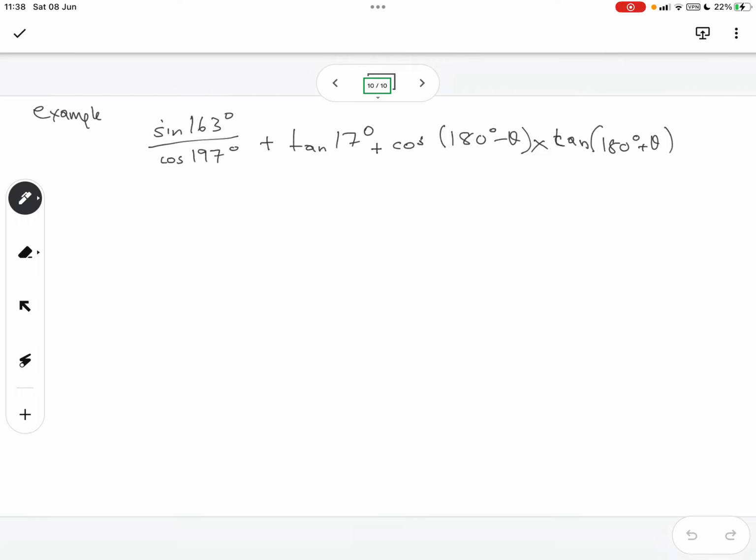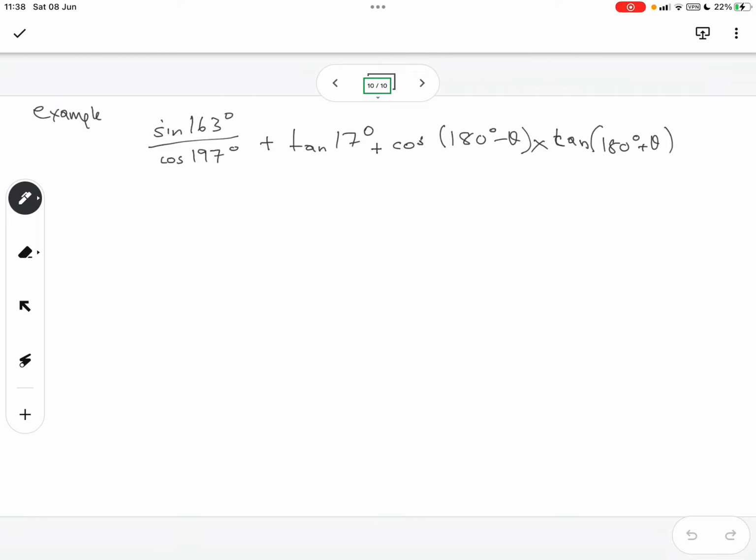Yeah, so this is just how they would show you how the problem statement itself has clues. So you can start by playing on your calculator and say, I've got 17 degrees here. If I add that to 163, how much do I get? If I subtract that from 197, how much do I get? And that now gives you the reduction formula you're going to use.